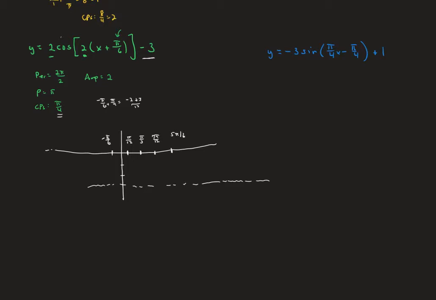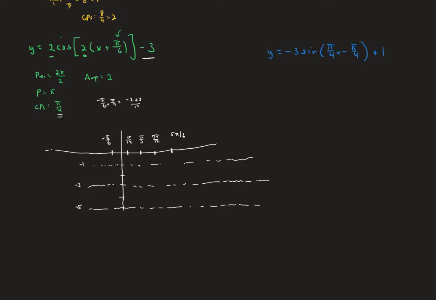Since our amplitude is 2, you don't have to do this, but I like to put a little boundary line that's 2 above and 2 below our midline. So that's going to be at negative 1 and at negative 5. Our graph is going to bounce between those tallest and smallest horizontal lines. Okay, I think we're making progress.